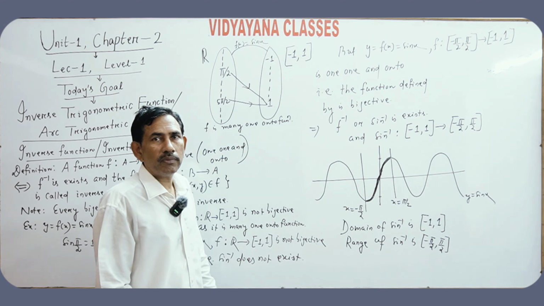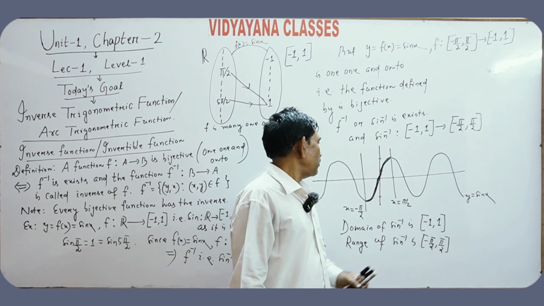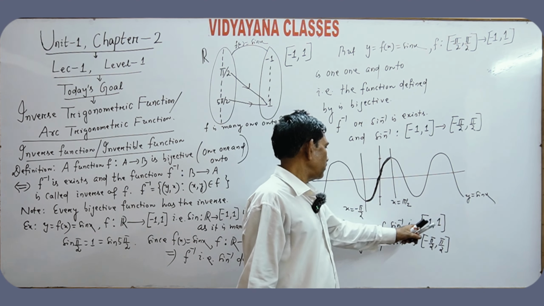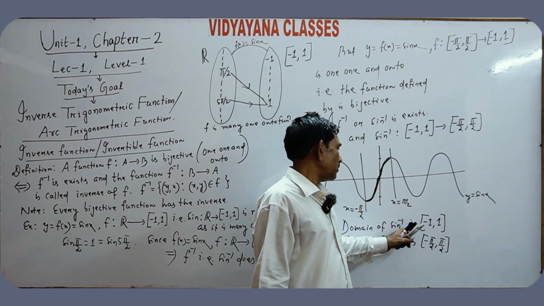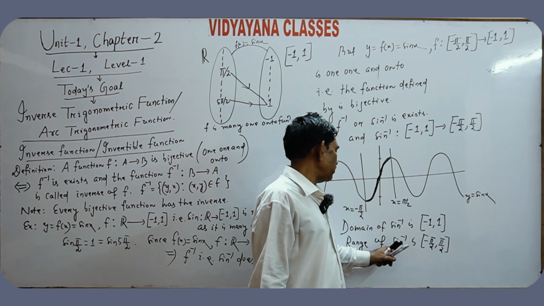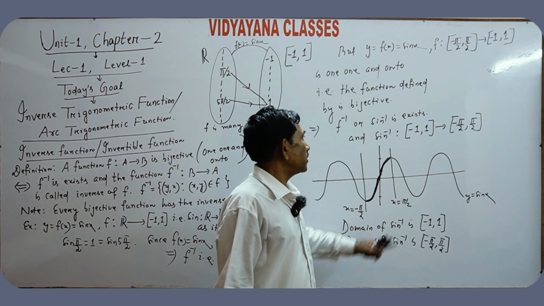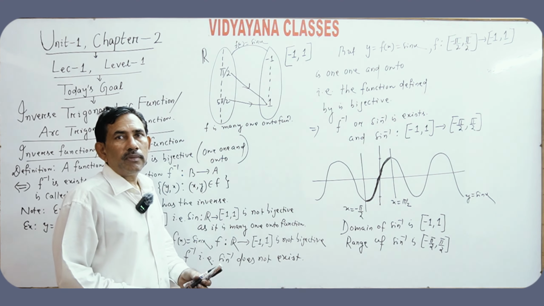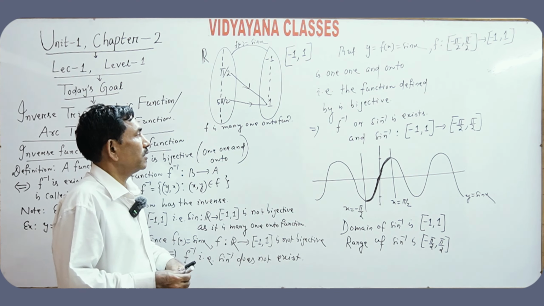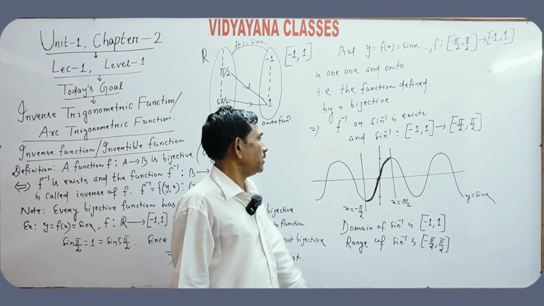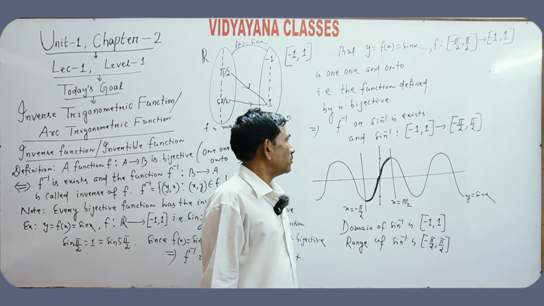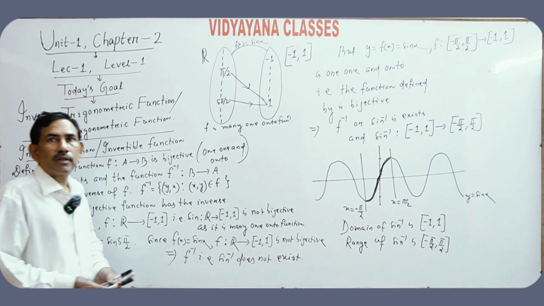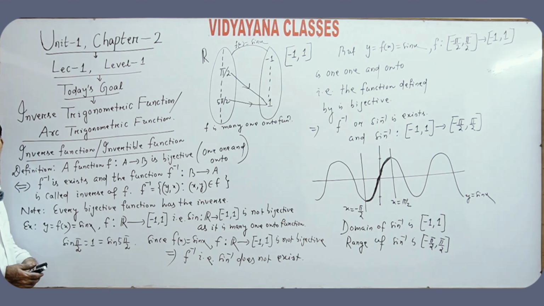What is domain? Collection of x values. And what is range? Set of all images. Domain of sin inverse is this set, and range of sin inverse is this set. It is the domain set, it is the range set. Set of all images is the range. In this interval, the function is 1-1 and onto. So its inverse exists. Clear? Okay. Note down.